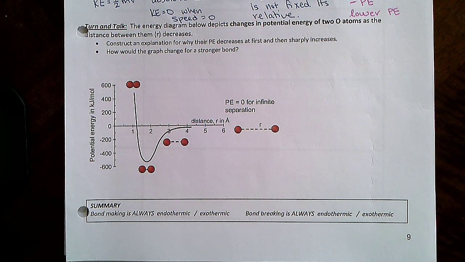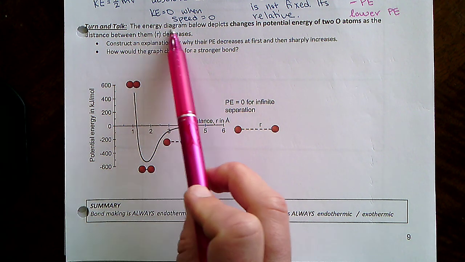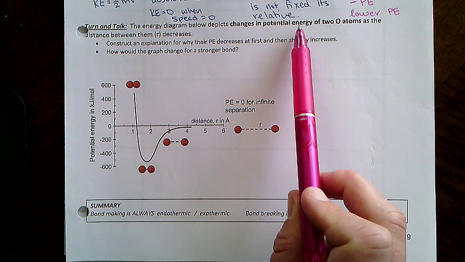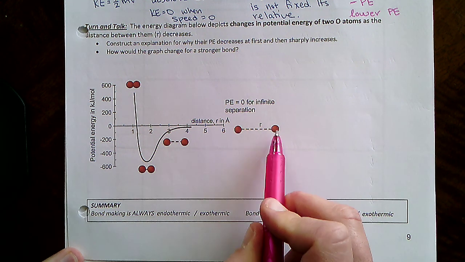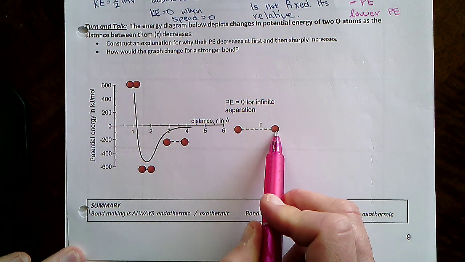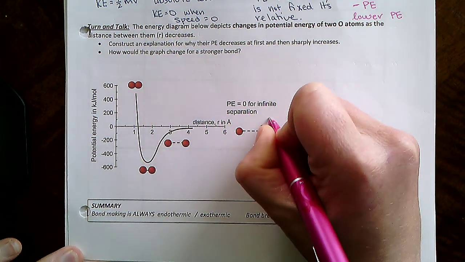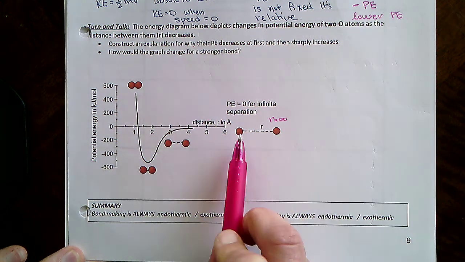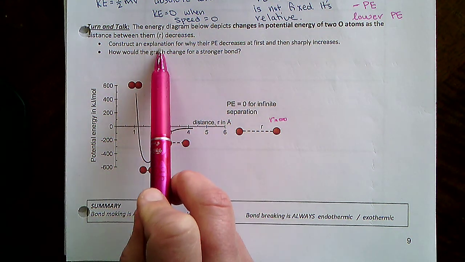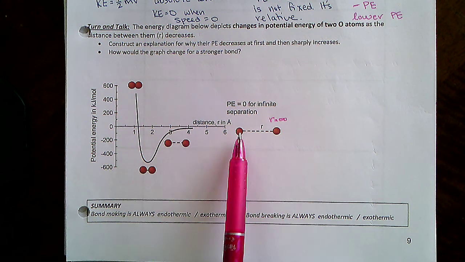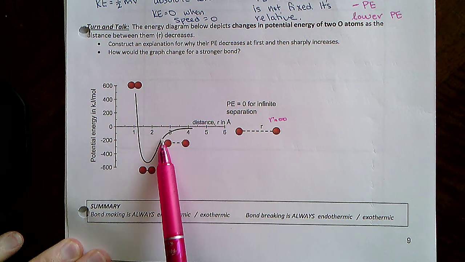I would pause the video right now, and I would do this. The energy diagram below depicts changes in potential energy of two oxygen atoms. So here's one oxygen atom, here's a second oxygen atom, and they're starting at potential energy of 0, which means that r equals infinity. These are completely separated. Construct an explanation for why the potential energy of these two oxygen atoms first decreases on the graph, right?